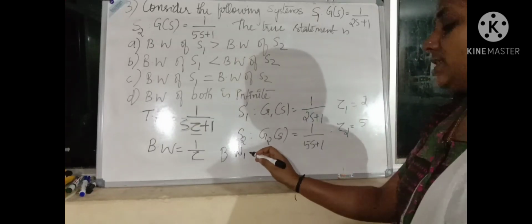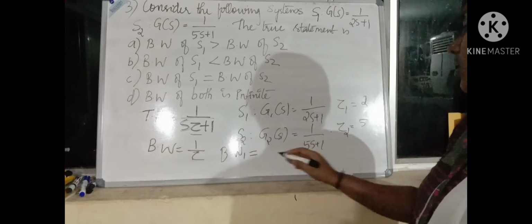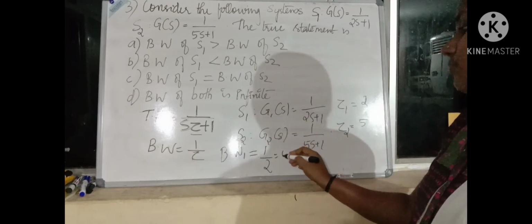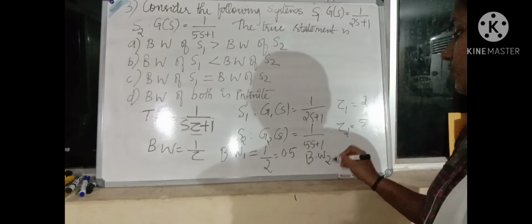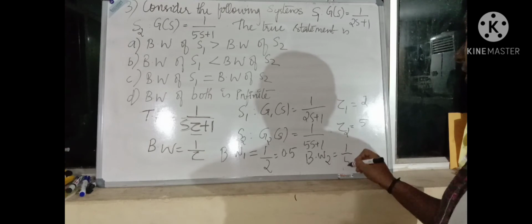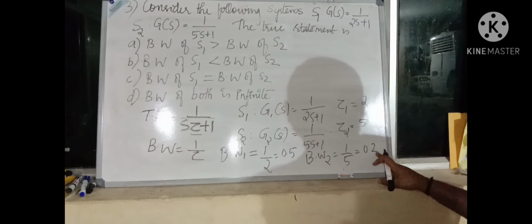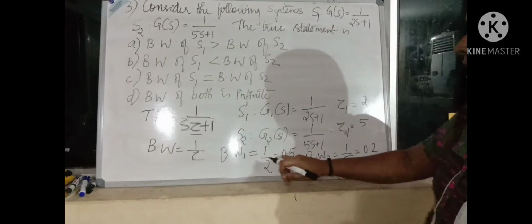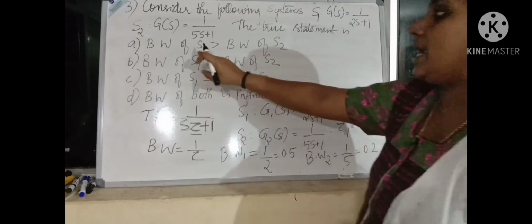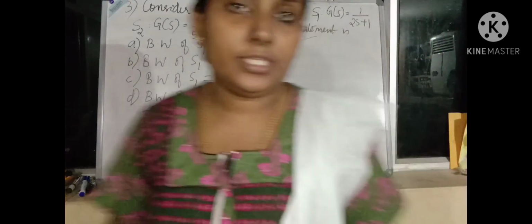Bandwidth of system 1 will be equal to 1 by 2, that is 0.5. Bandwidth of system 2 will be equal to 1 by 5. Here see, 0.5 is greater, right? Bandwidth of system 1 is greater than bandwidth of system 2. This is the correct answer for this question.